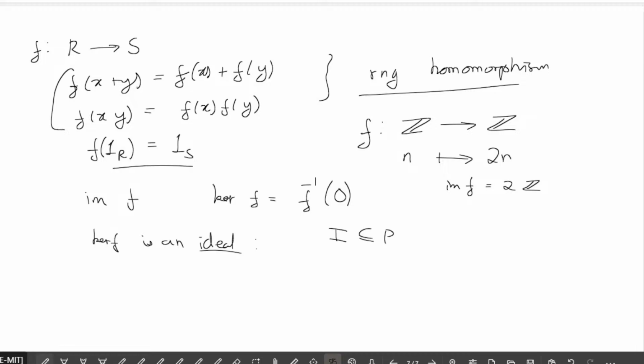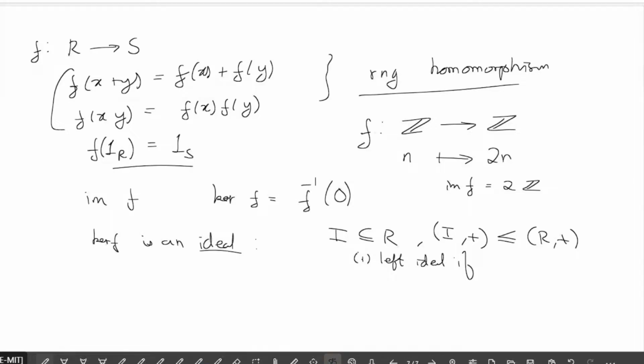Consider a subset I of R which actually forms a subgroup of the additive group under addition.